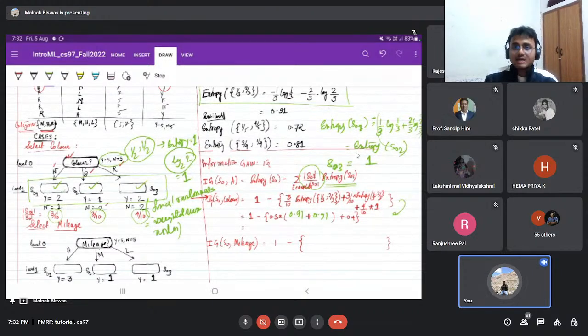Both of these are 0.91. So in this case, 0.3 into 0.91 into 2 plus 0.4 into 1, and subtracting from 1, this is equal to 0.0445. So this is the information gain. You can clearly see there is not much information gain here. Not much information in color.